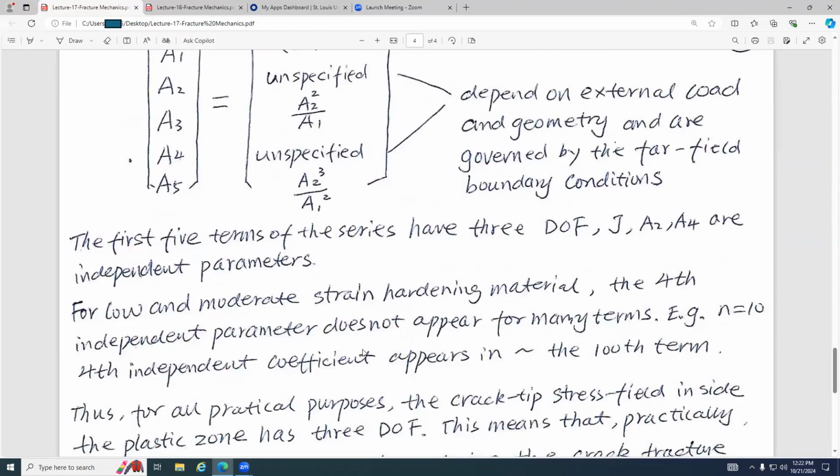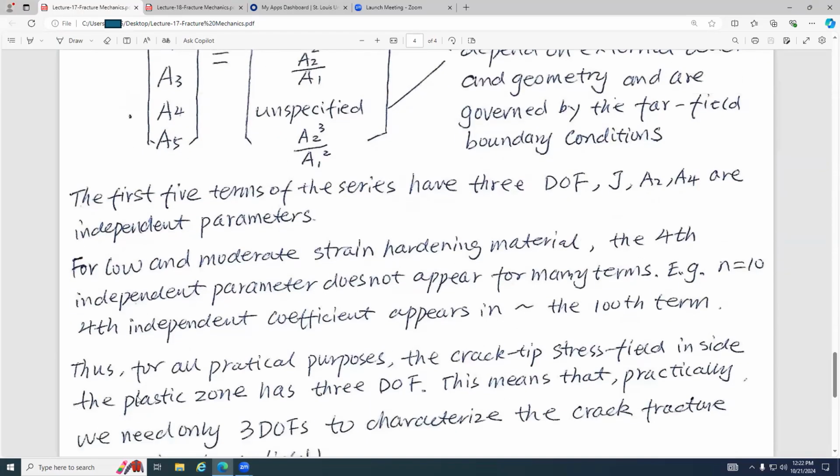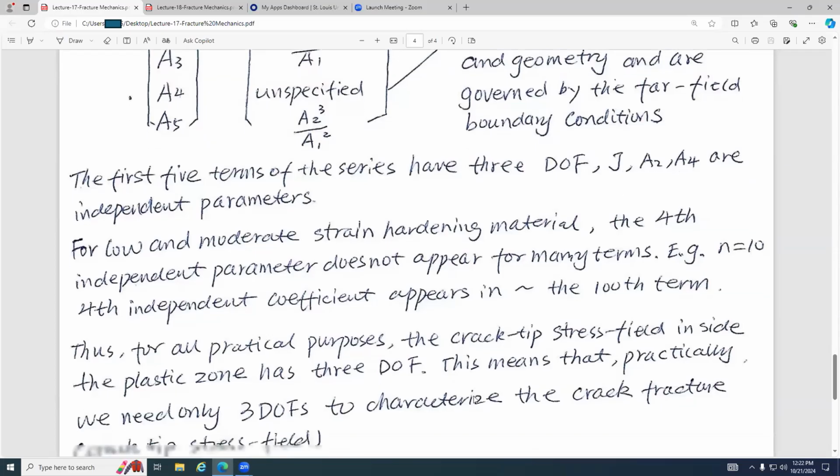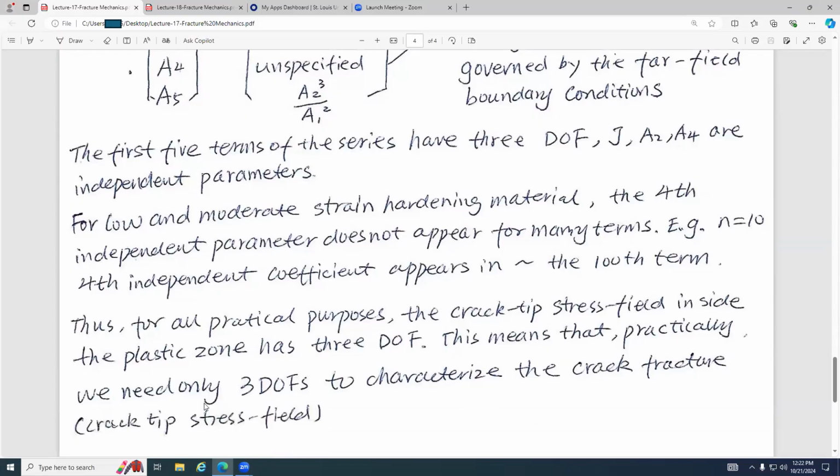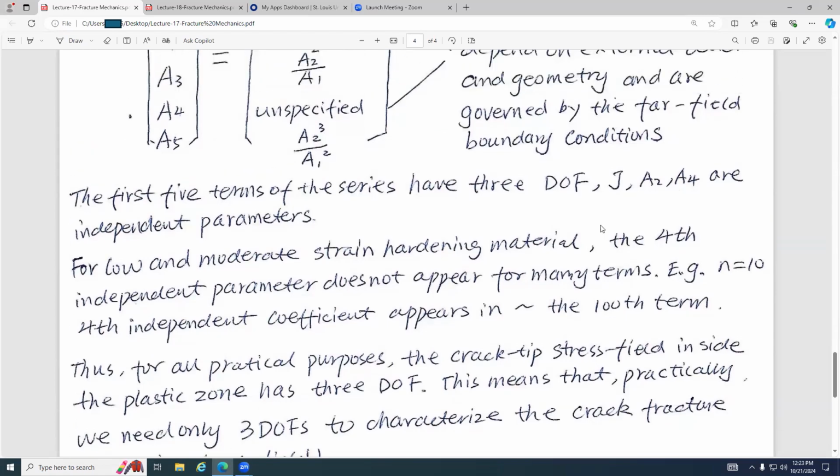This 100th term is very, very small, right? So for all practical purposes, the crack tip stress field inside the plastic zone has 3 degrees of freedom: J, A2, A4. This means that practically we need only 3 degrees of freedom to characterize the crack fracture.